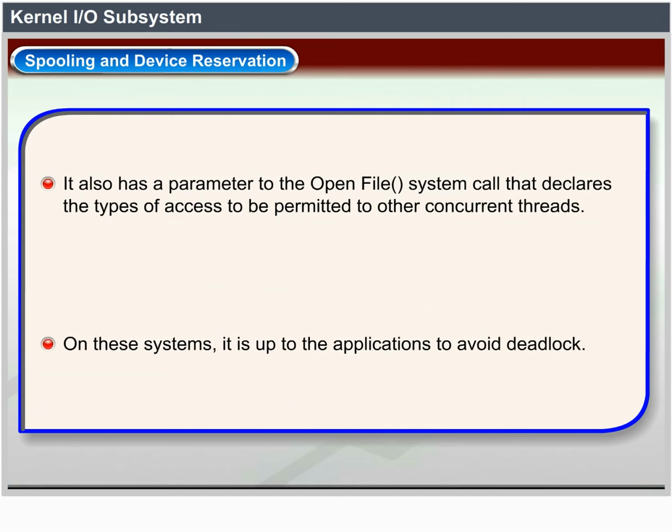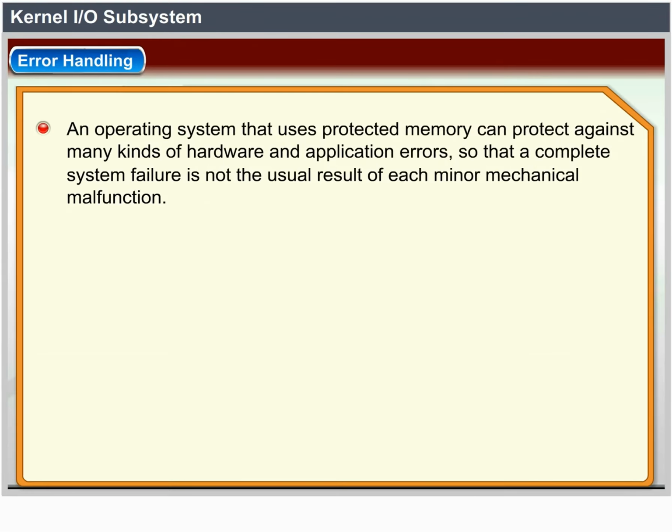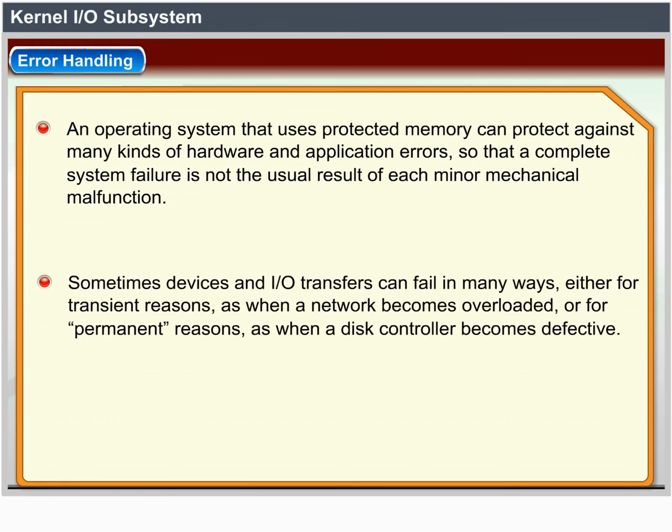Error handling. An operating system that uses protected memory can guard against many kinds of hardware and application errors so that a complete system failure is not the usual result of each minor mechanical malfunction. Devices and input-output transfers can fail in many ways, either for transient reasons, as when a network becomes overloaded, or for permanent reasons, as when a disk controller becomes defective.